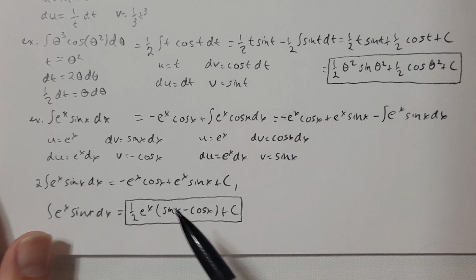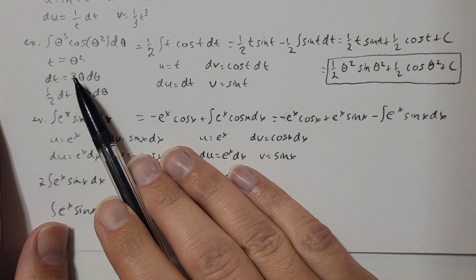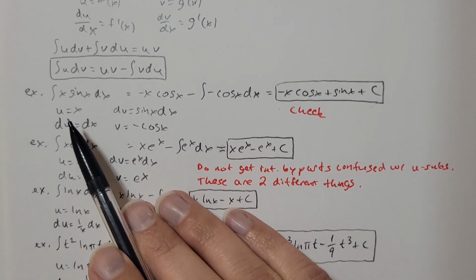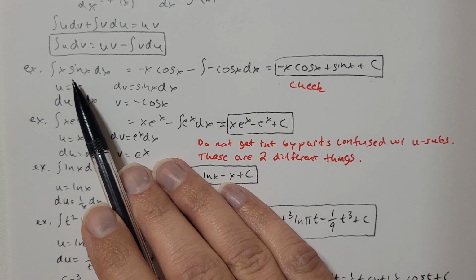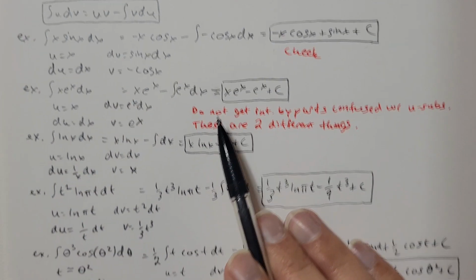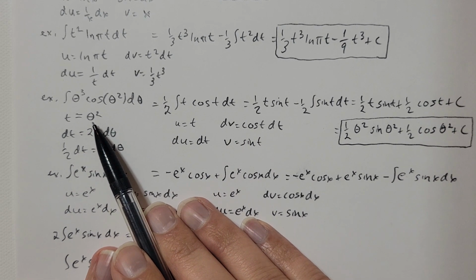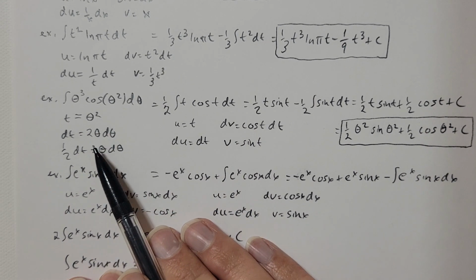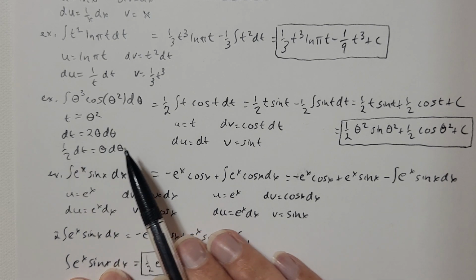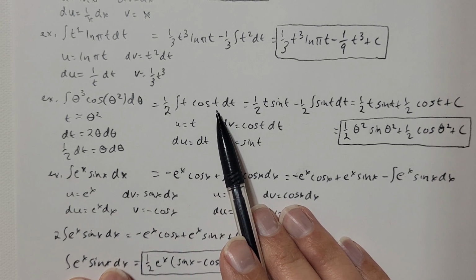So if I use a u substitution on this, or a t substitution, the first example that I showed you was where you're integrating x sine x dx, and we got that by integration by parts. Well, if I were to let t be theta squared, dt is 2 theta d theta, and divide both sides by 2, so 1/2 would be coming out of the new integral involving t.